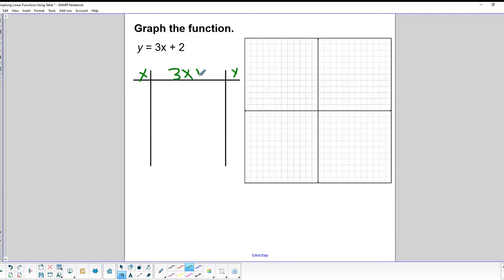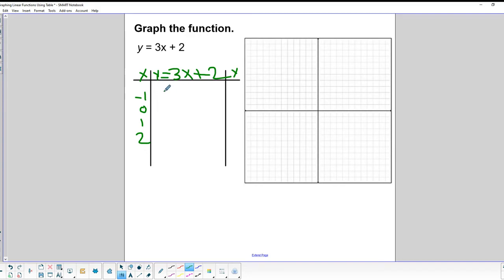And 3x plus 2 is the function here. So y is equal to that. So if we put in -1, 0, 1, and 2, because they look like they would be very easy to work with, let's try that out.